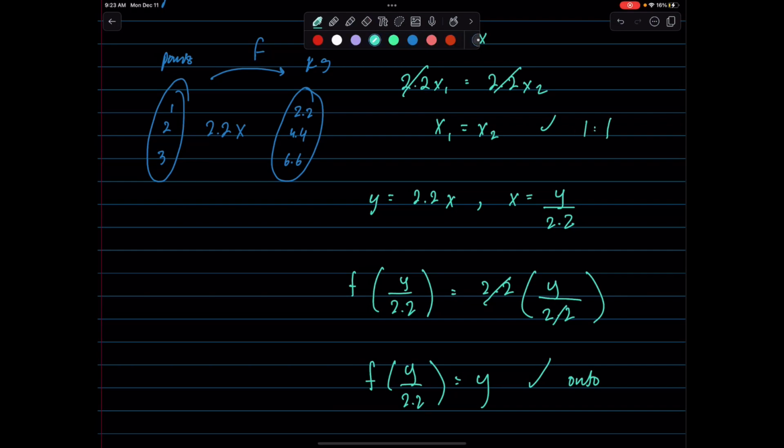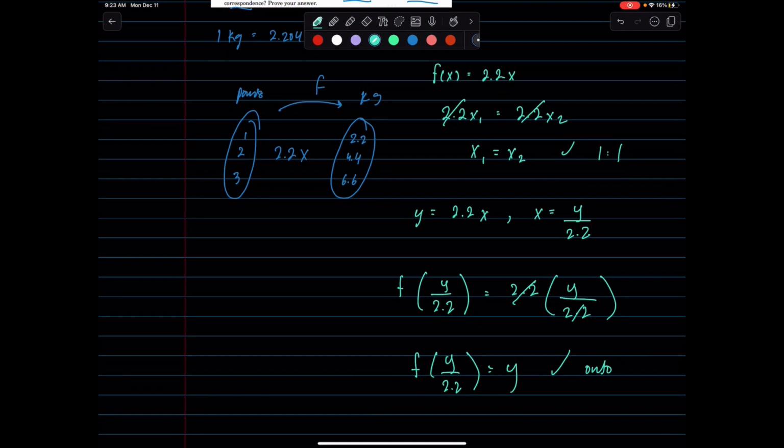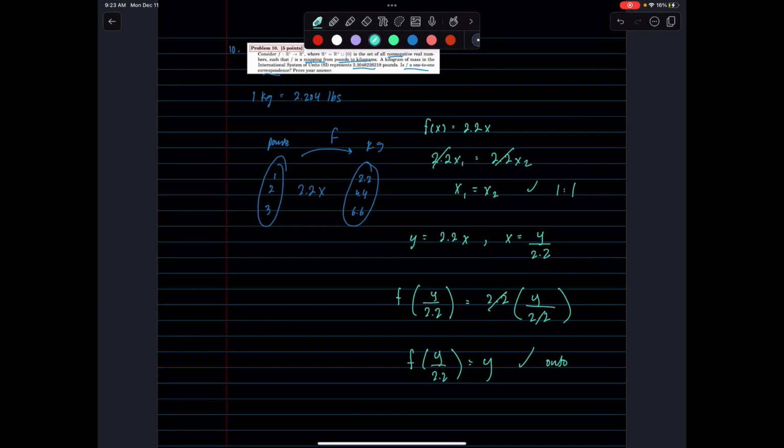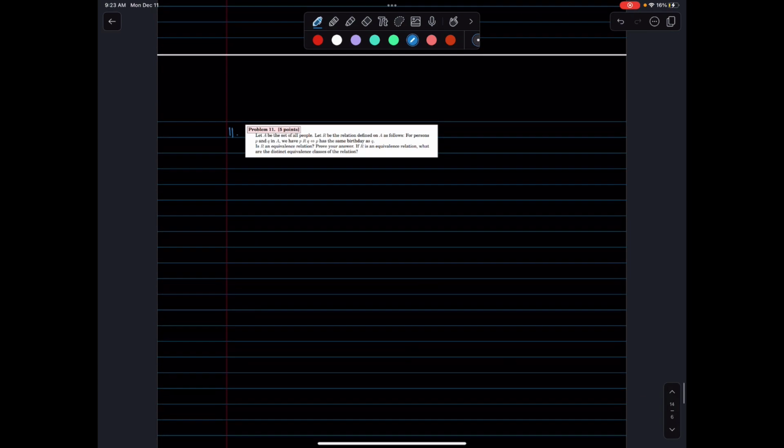I just used the normal methods of proving something is one-to-one and onto. But that function, 2.2x, is literally mapping pounds to kilograms. Right, so yeah, that's that. Next question.